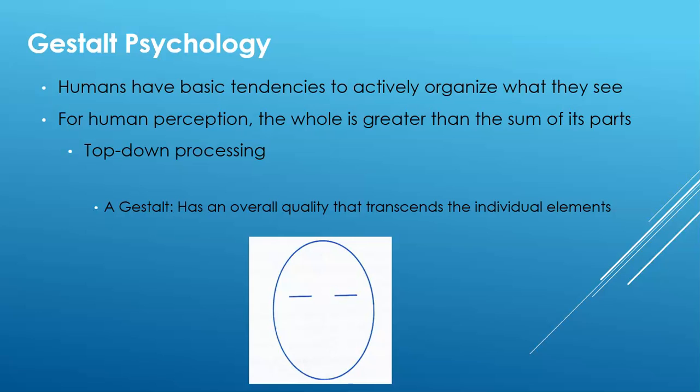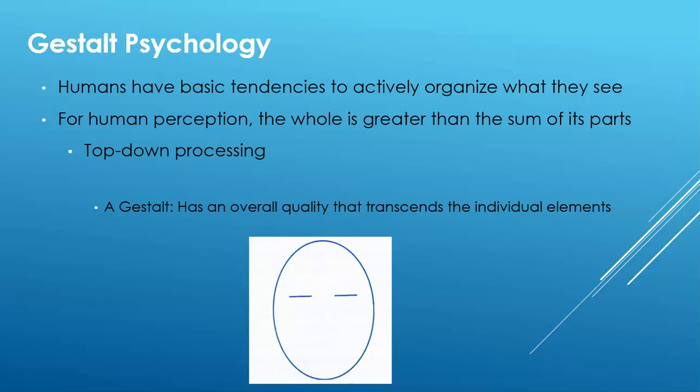So Gestalt Psychology says that humans have basic tendencies to actively organize what they see. For humans, perception, the whole is greater than the sum of its parts. In other words, Gestalt theory is saying that top-down processing is ideal and is usually chosen first by your brain.